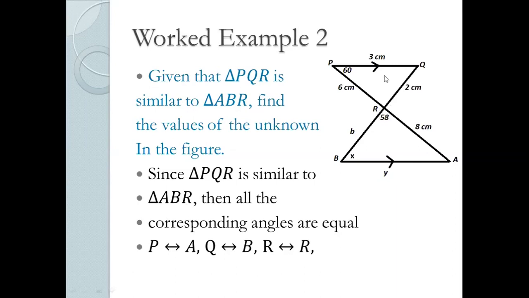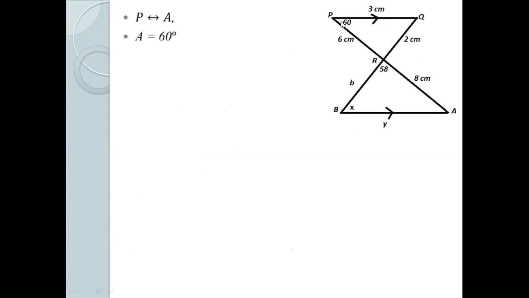This is the common vertex for both the triangles. Because these triangles are similar, all of their corresponding angles are equal. Since A equals P equals 60 degrees, A is also 60 degrees because they are corresponding angles.